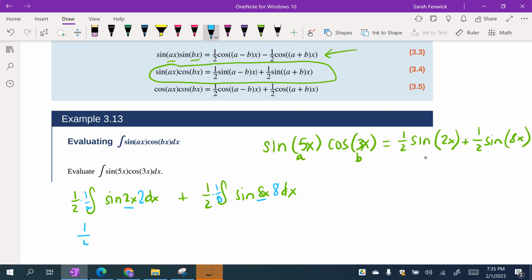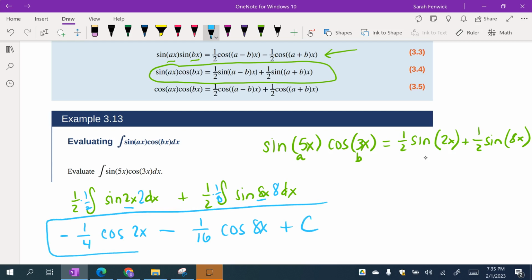So this would be 1/4 negative, because the integral of sine is negative cosine. So negative cosine 2x. This is going to be negative again, so minus 1/16 cosine 8x plus c. All right, in the next video, we will start talking about other trig functions.